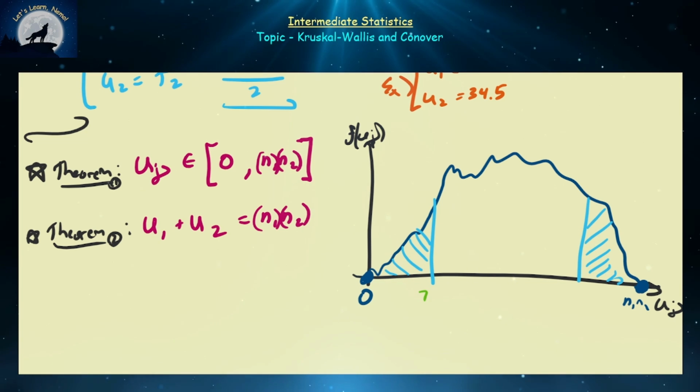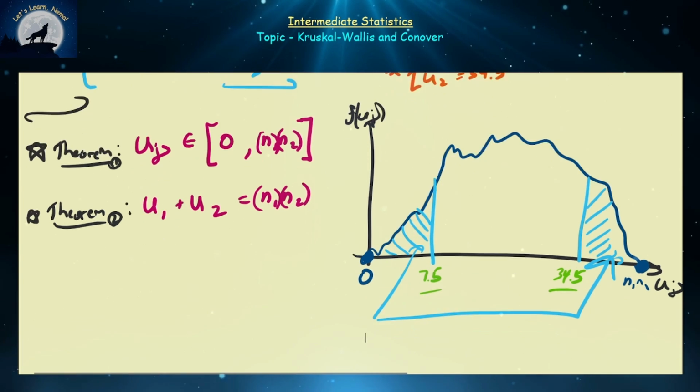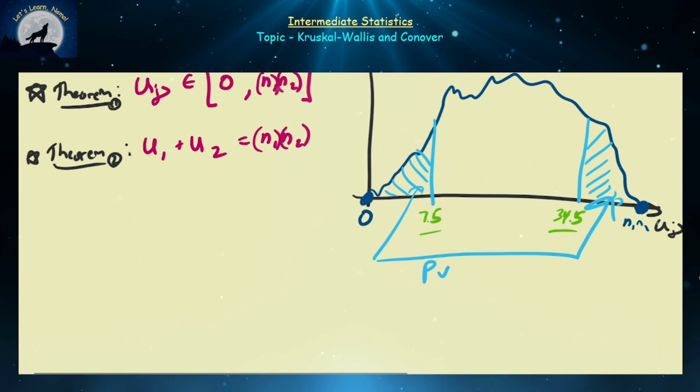We have 7.5 as the lower bound, and we have 34.5 in this particular value. Right? Now keep in mind that these are test statistics. Therefore, this shaded area in blue, do you know what the shaded area of blue is called? This is commonly called our p-value associated to our statistical test.